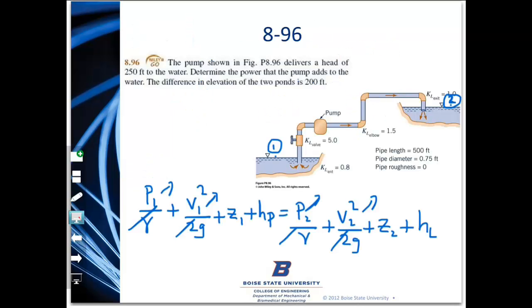As I said, you have 1, 2, 3, 4 elbows, and you are given that it is 1.5, and you have the entrance loss coefficient here, and you have the exit loss coefficient of 1, and then you have the valve loss coefficient here, which is 5.